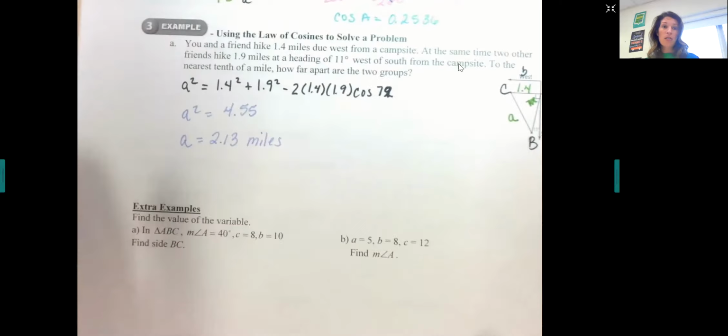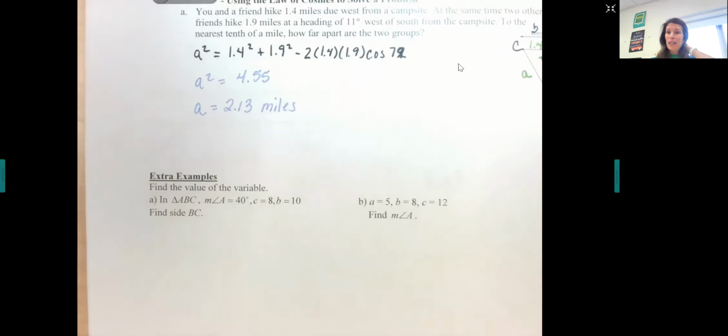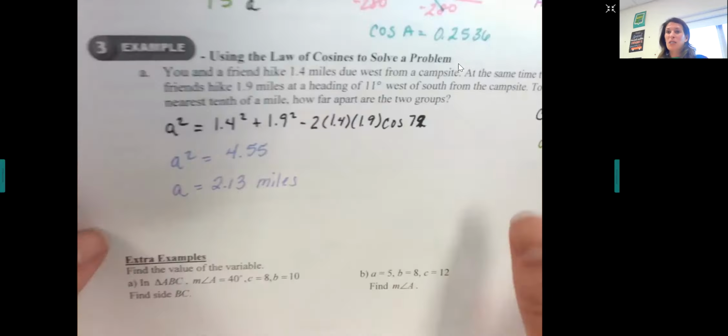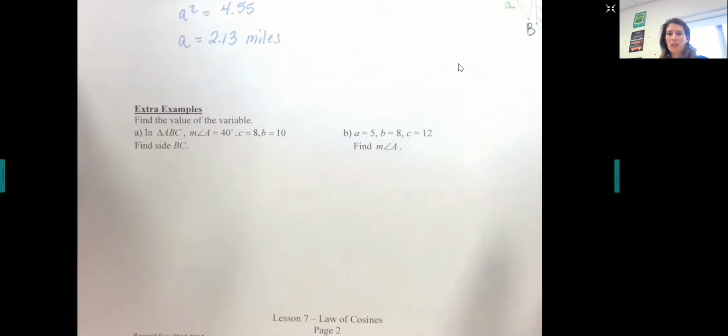The next two examples you are going to do on your own. I will be giving the answer first, and then if you need extra help, there will just be the worked out problems.